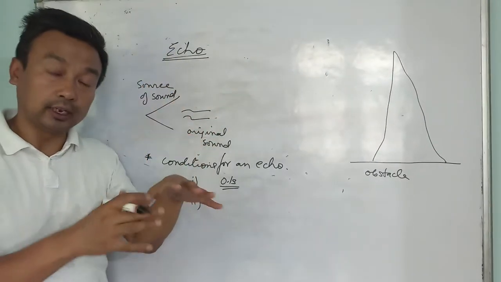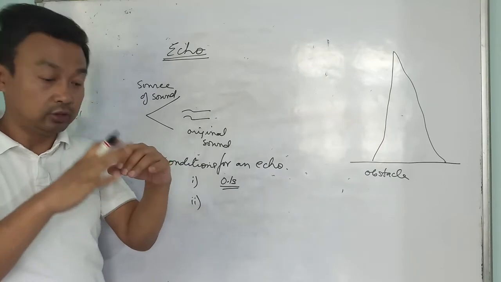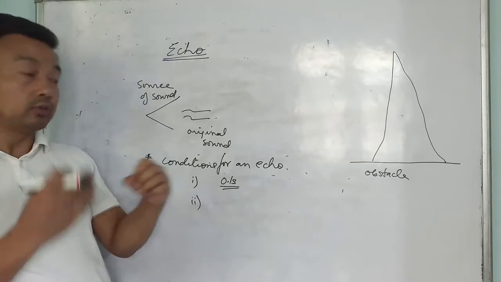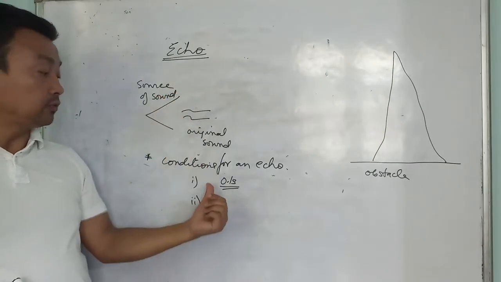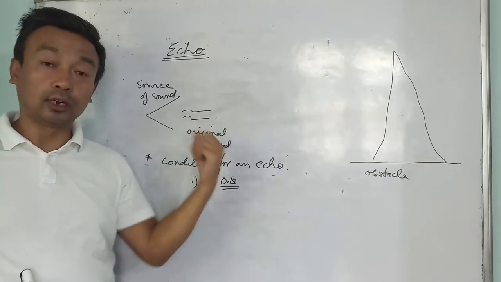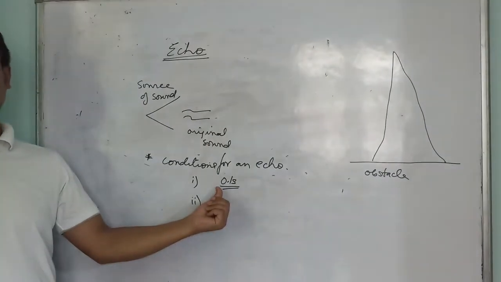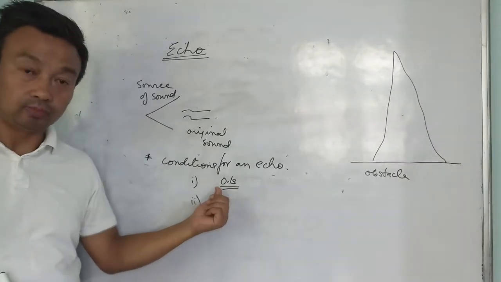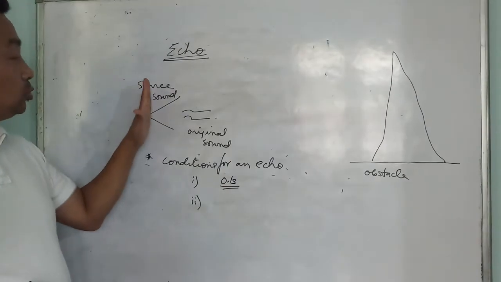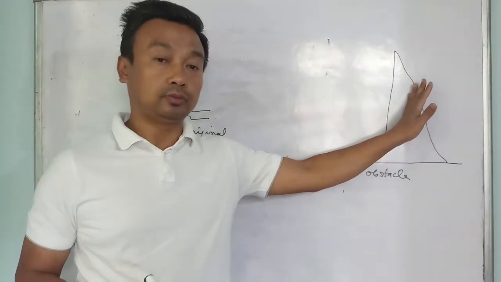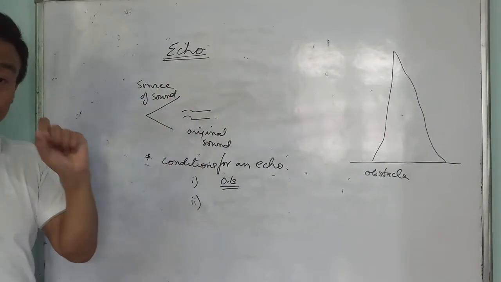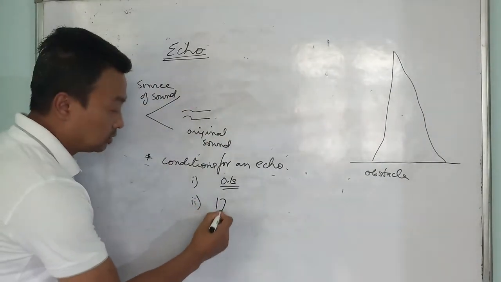After that it will cease, and whatever sound comes after that is the echo. So that is the first condition: the reflected sound should come at least after 0.1 seconds. The second condition is the minimum distance between the source of sound and the obstacle for the echo to be produced. The minimum distance should be 17 meters.